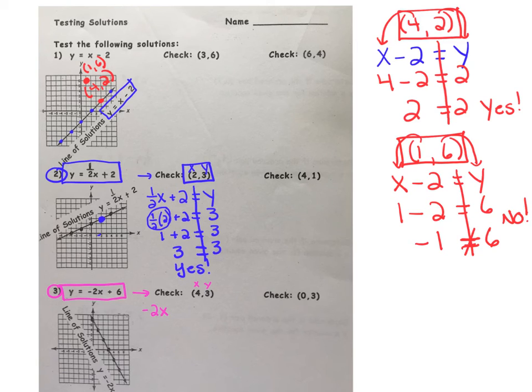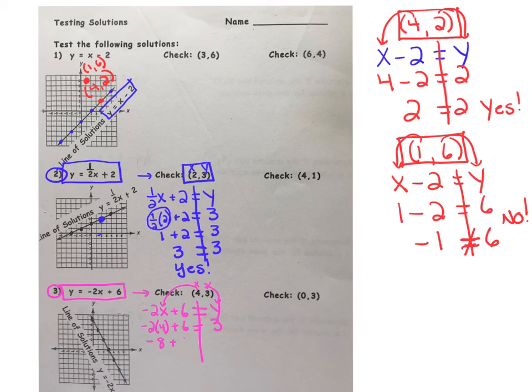Negative 2x plus 6 equals y. Let's drop our solid line. Let's substitute a 4 in for the x. Negative 2 times 4 plus 6, and our y on the right side, let's substitute in a 3.